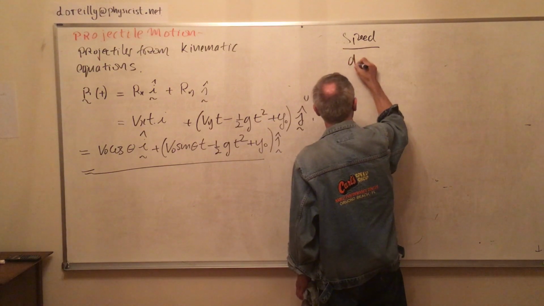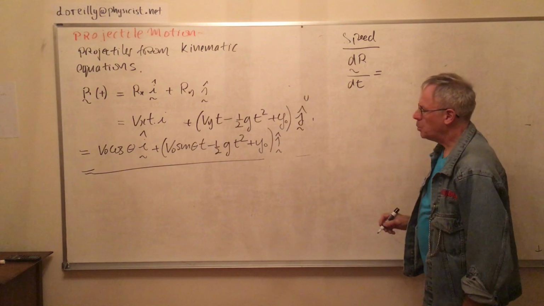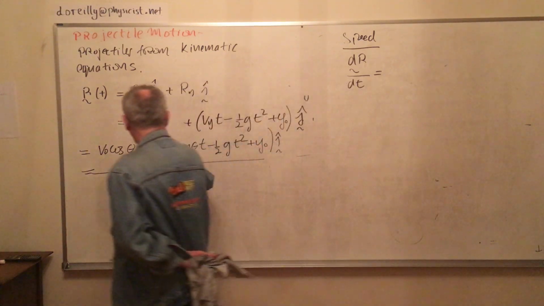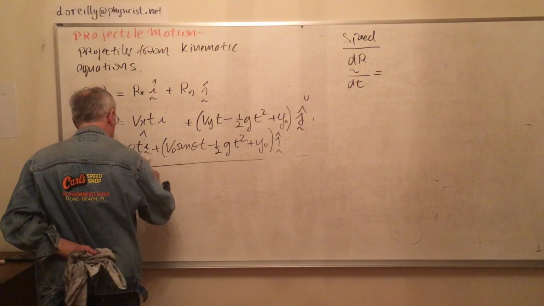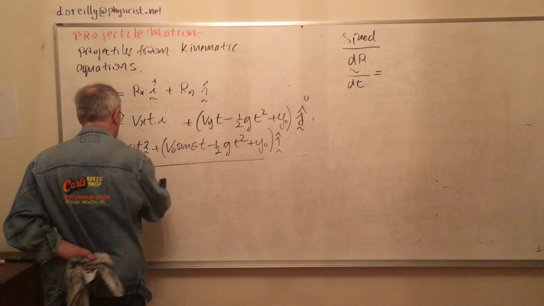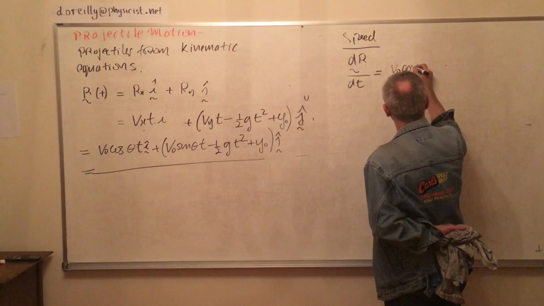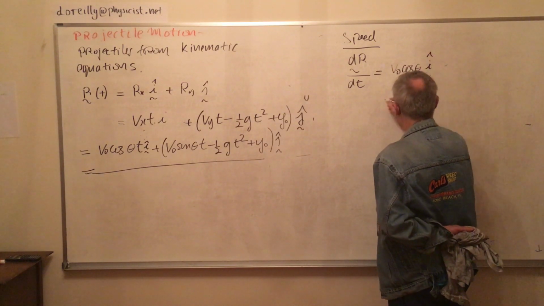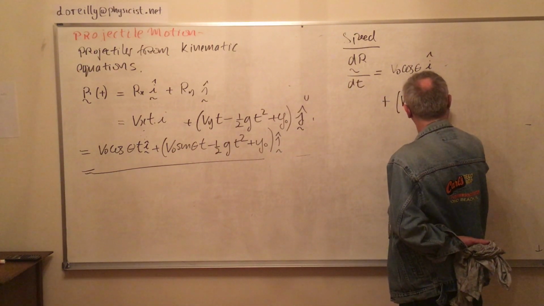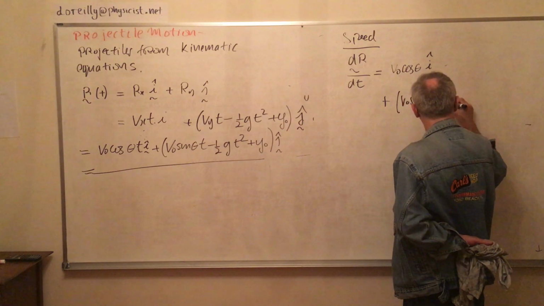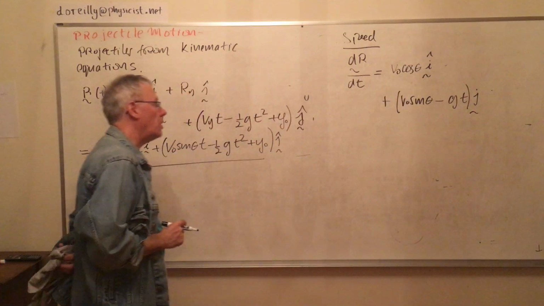Now the speed of the projectile is dr over dt. dr by dt for this one. Wait now, what did I do wrong here? There's a t in here. Okay, so take the derivative of this guy here and I get v0 cos theta in the i direction plus v0 sine theta in the j direction.